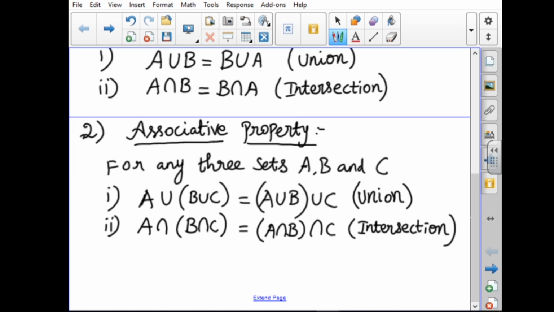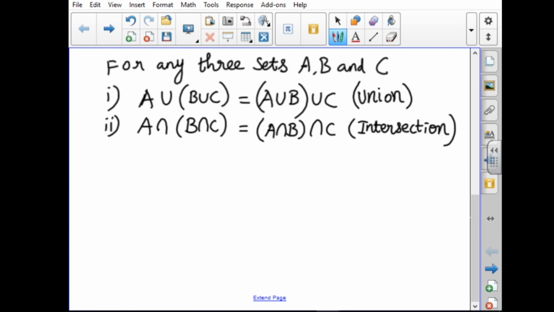So we should know the two properties: first one is commutative and the second one is associative. Now we are going to see exercise 1.4.